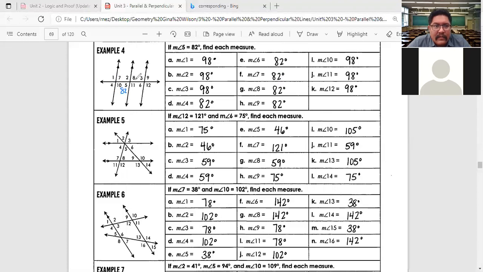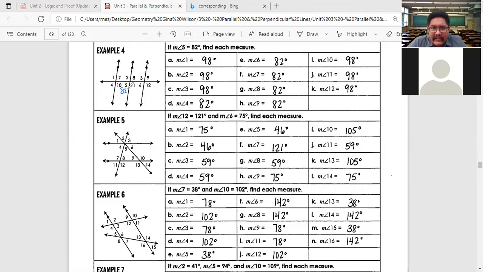Angle 8, also smaller angle. 9, smaller angle. And now let's look at 10, 11 and 12. They're all corresponding angles, so they're all going to be the same number, which in this case is 98. And there's a couple of other things too.